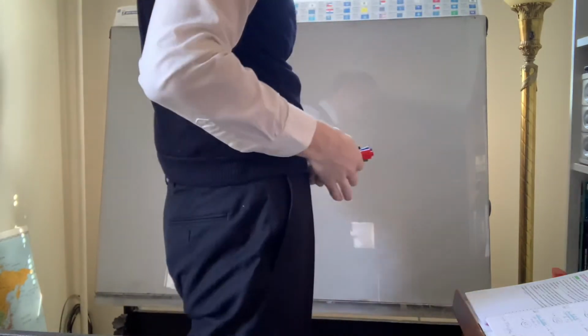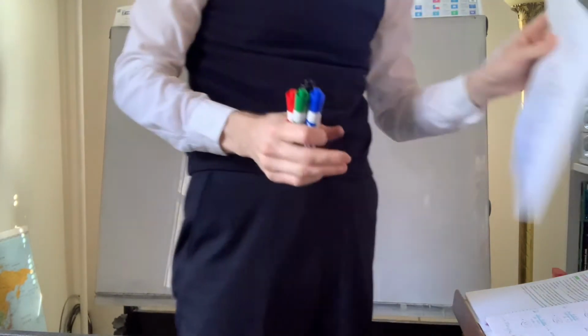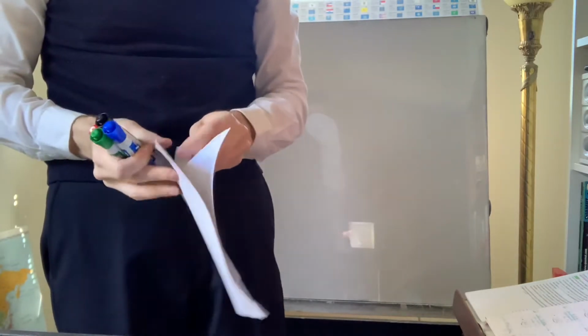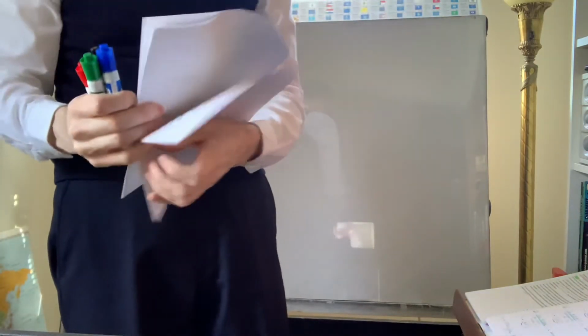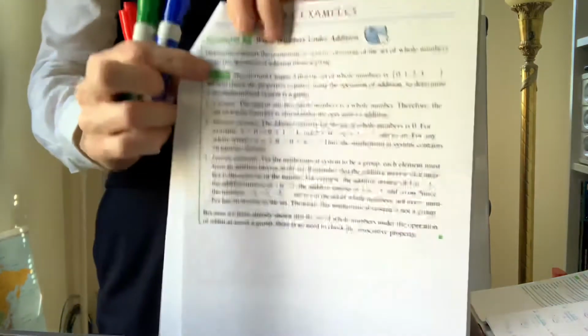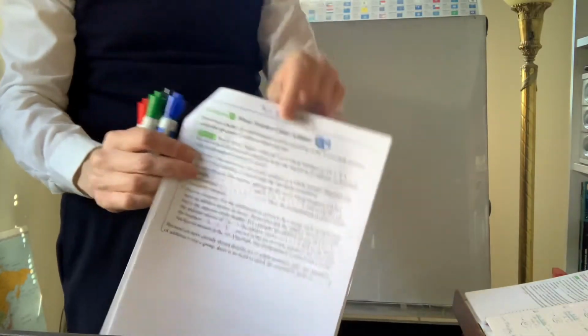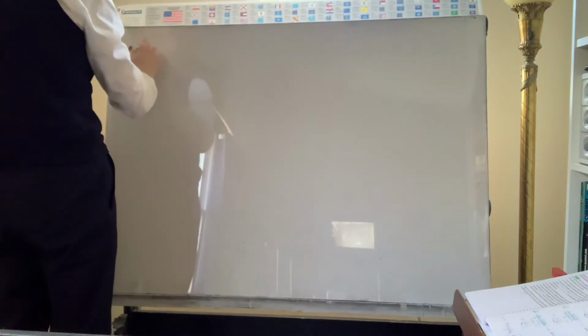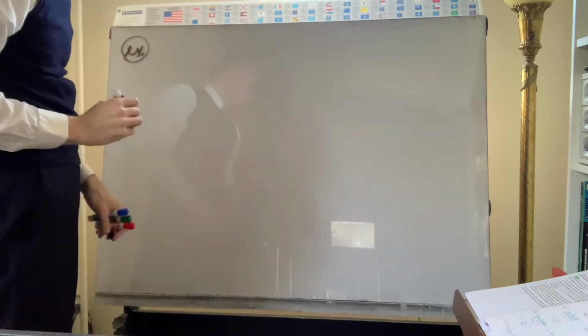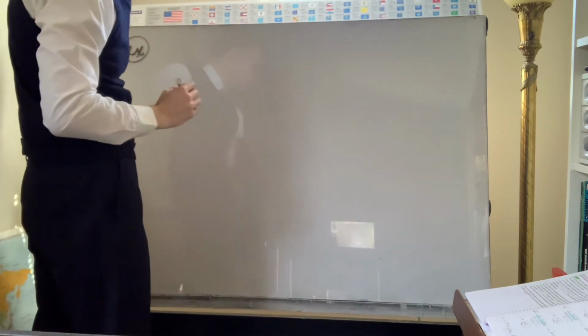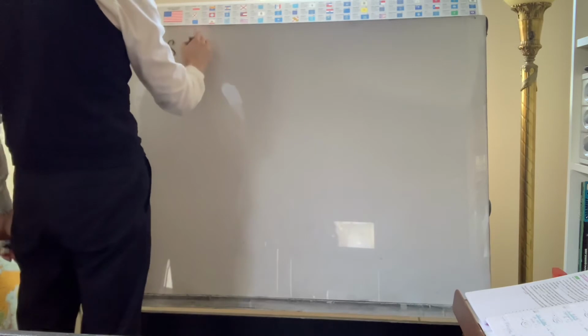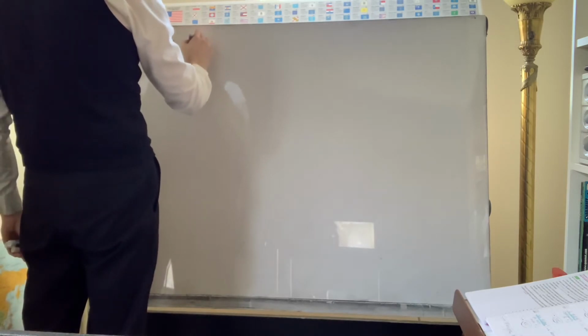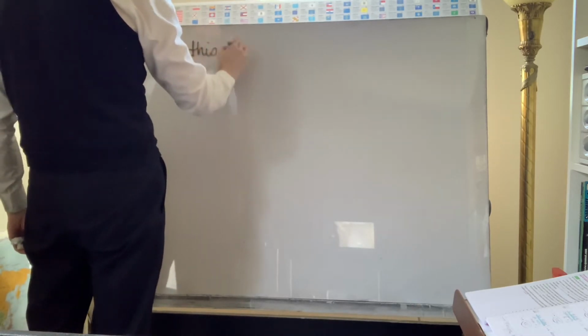If you look at example 1 from the packet, there is the solution. I made sure to include that in case you're just reading this, but I'm going to be doing this problem. So in the case of example 1, you're asked essentially, is this a group?